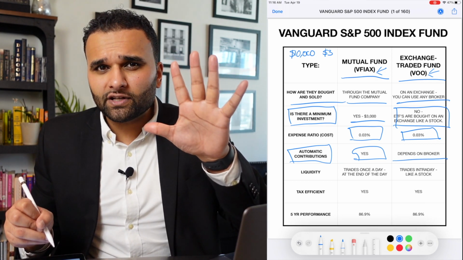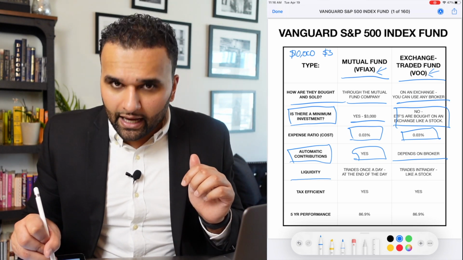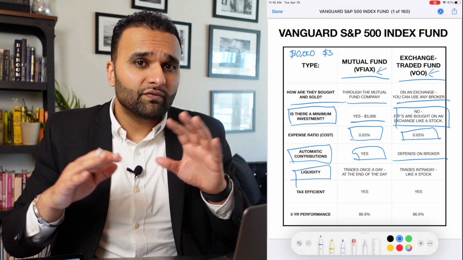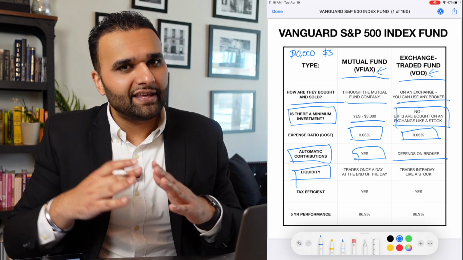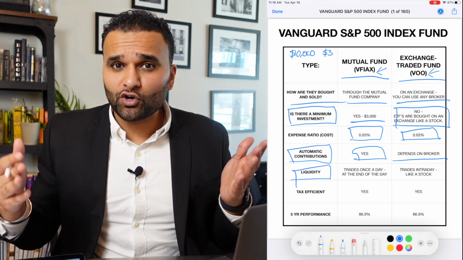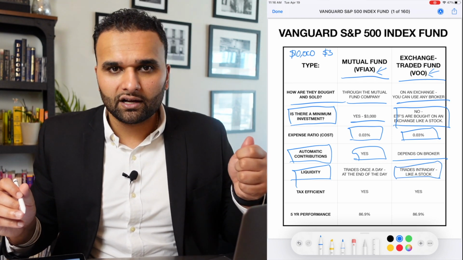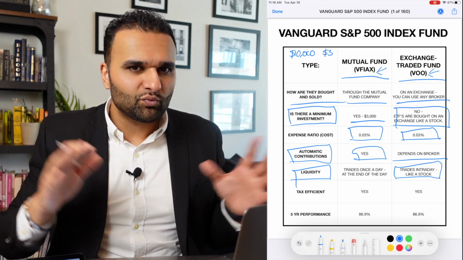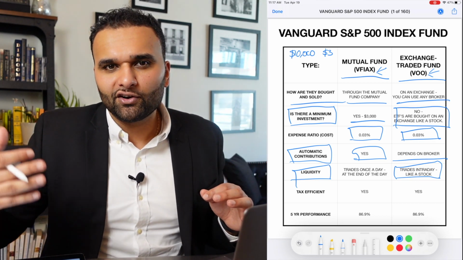Now the fifth major difference between VFIAX and VOO is how they trade. With VFIAX, the mutual fund trades once a day at the end of the day, and the exchange traded fund trades intraday just like a stock. Now for the majority of you guys, this really isn't going to make a difference unless you are trading an S&P 500 index fund.